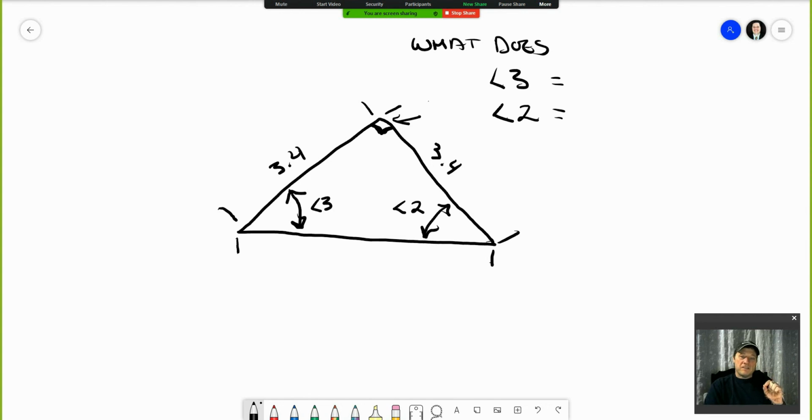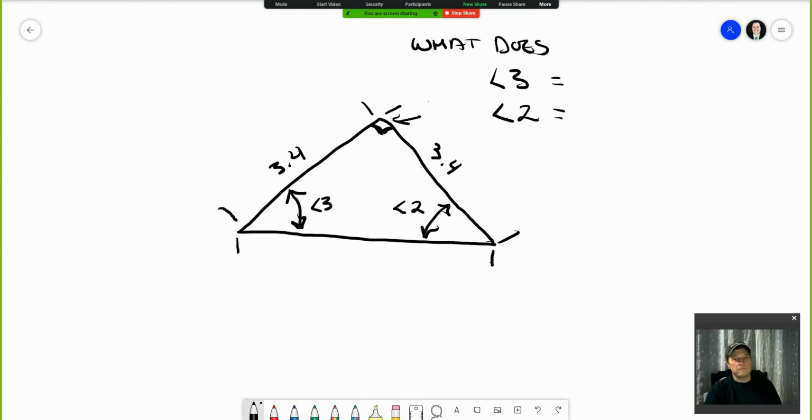The difference is that if we don't identify this, or even if we do identify this, it doesn't have a bearing on solving the triangle. All it has a bearing on is identifying the triangle. That's it. Right? So because this is 3.4 long and this is 3.4 long, whether this is a right angle or not does not change the fact that these angles have to be the same.